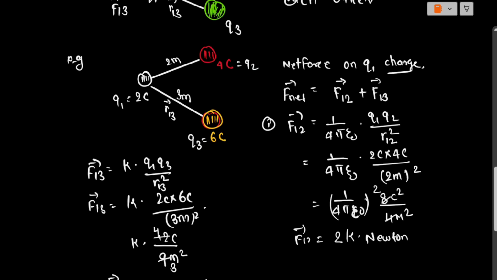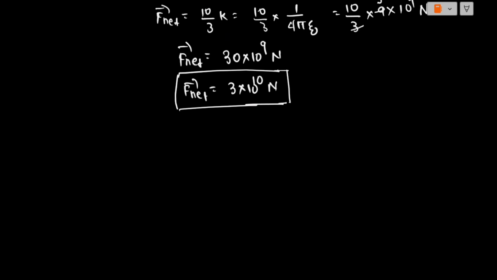Now let's deal with the direction. Since we know that these charges are positive, all these forces are repulsive. Let's say once again, here we have a positive charge q1 and there's a second charge q2, and both are positive, and the third charge is q3.